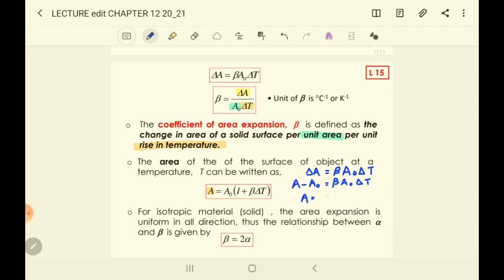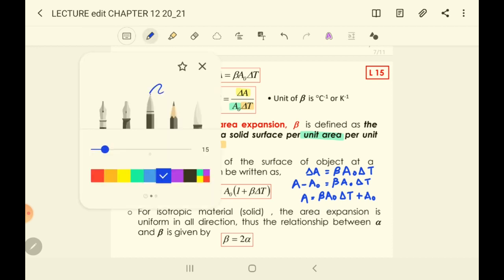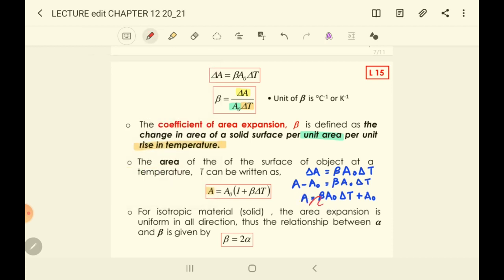So A is equal to beta A naught delta T plus A naught. Actually this is the same equation, but when we factorize A naught, we can write the equation as A equal to A naught (1 plus beta delta T).